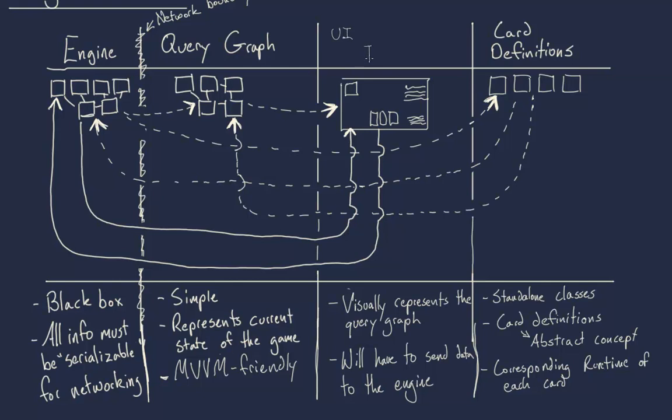The UI is still there, and it still reflects what's on the query graph. And by default, the driver will just delegate to the UI. But this would be where we would put artificial intelligence in the game. So that's just the single point that we would need to extend if we wanted to add AI into this entire system.